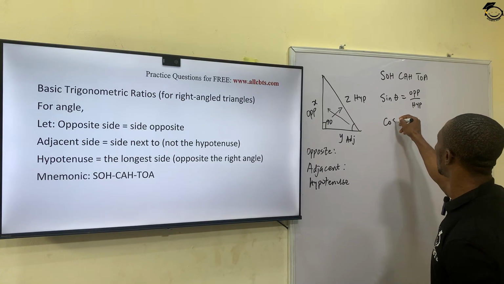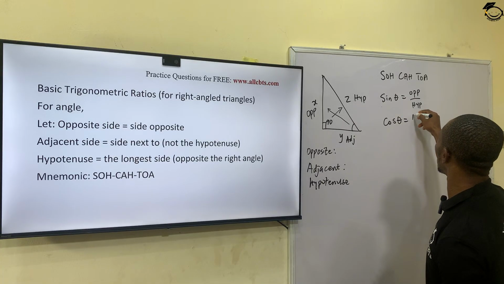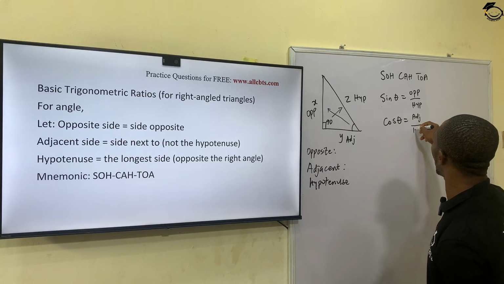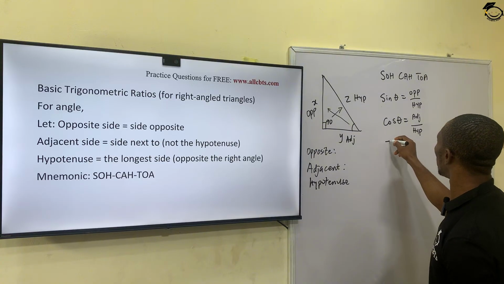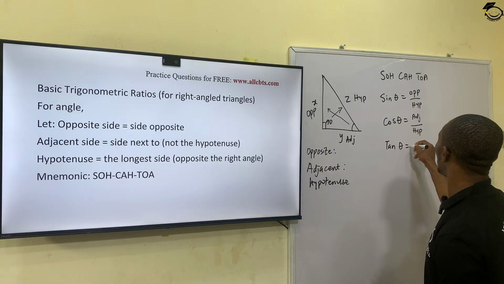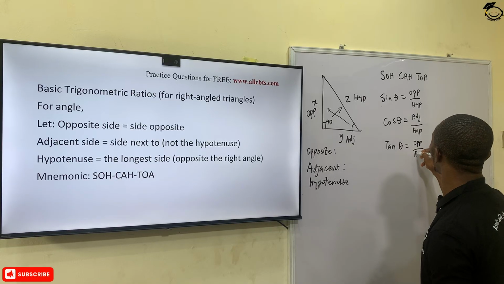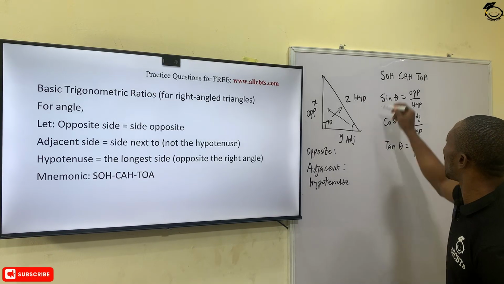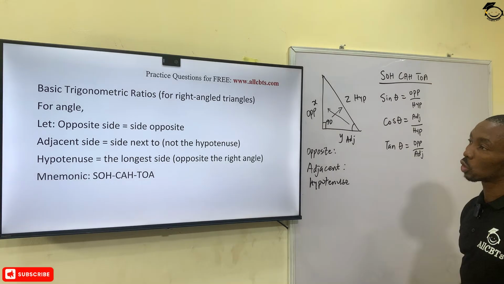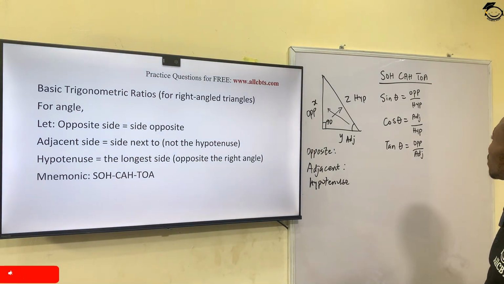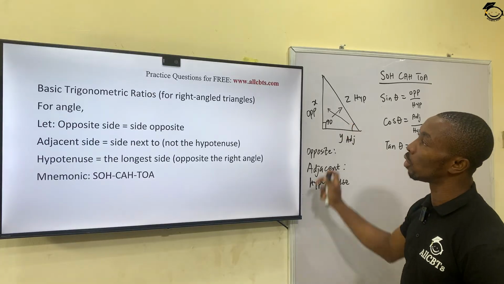Your cos theta, you have adjacent over hypotenuse. And your tan theta, you have opposite over adjacent. So bearing in mind the meaning of SOHCAHTOA, we can always find any given angle in our right-angled triangle.